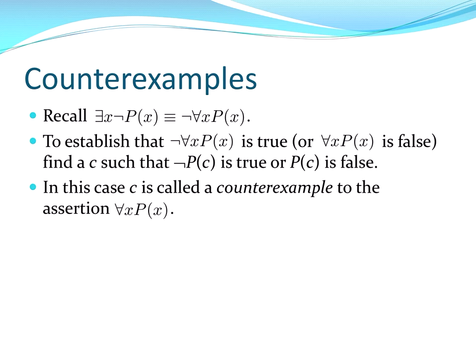So if we want to prove something of that form, that it is not the case that for every x P(x), or we want to show that for every x P(x) is false, then we need to find c such that it is not the case P(c) is true, or equivalently that P(c) is false. This c would be called a counterexample to the assertion that for every x, P(x).